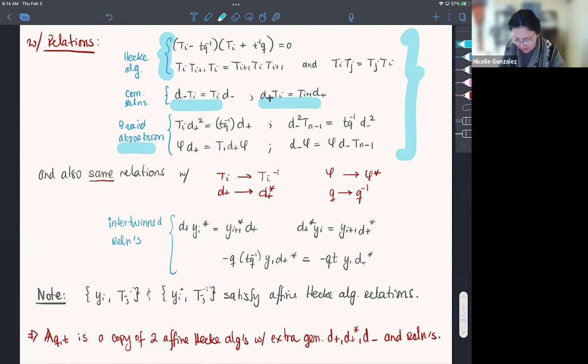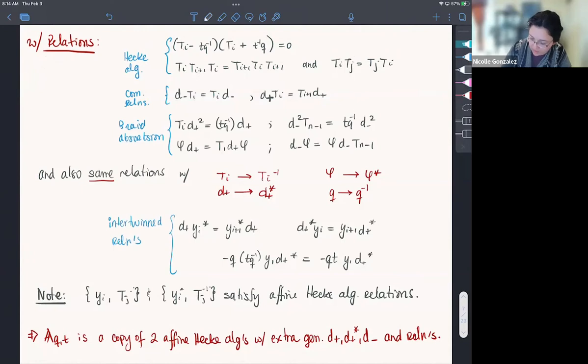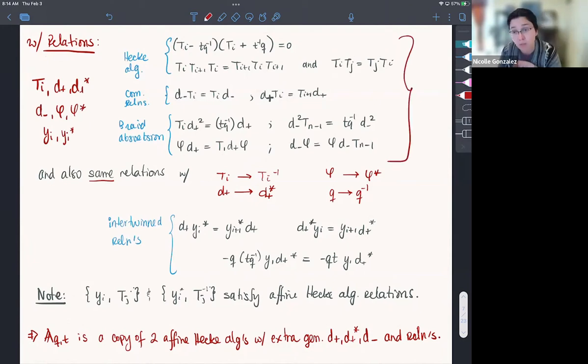In addition, all these relations you'll notice are just given for operators that don't have stars, right? And remember that I told you that we have, let me rewrite the generators here just so you remember them. We have T_i's, we have D plus and D plus star. We have D minus. We have phi and phi star and Y_i and Y_i star. And none of these relations have operators with stars.